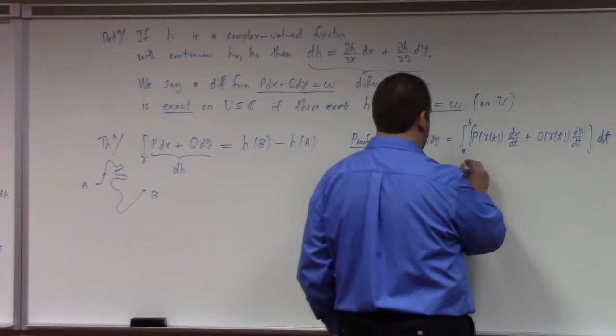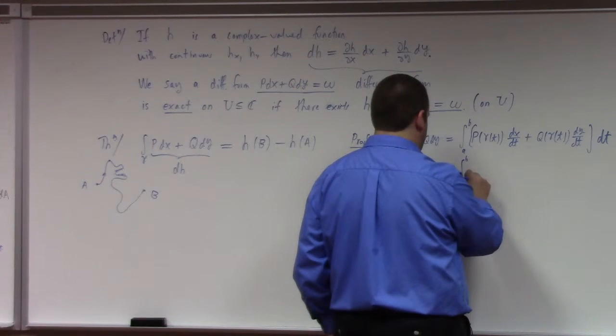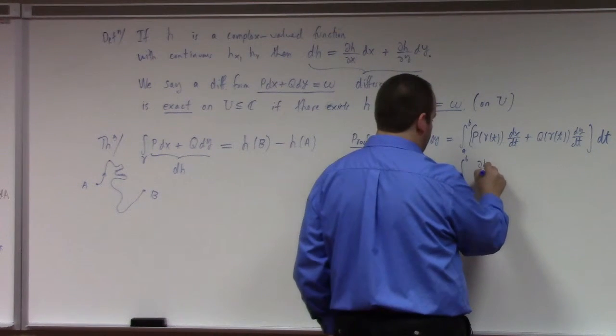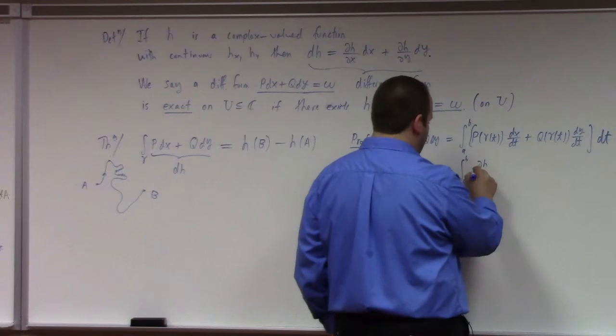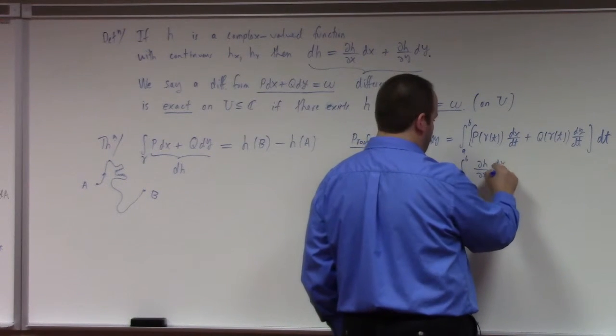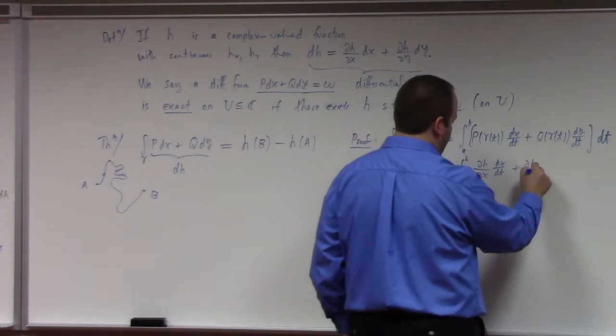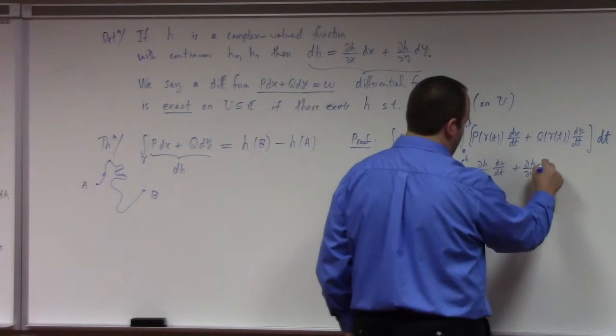One more step, I guess I gotta jump the gun here. That is partial h partial x dx dt plus partial h partial y dy dt. How do I know that?